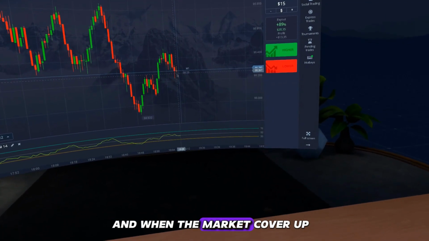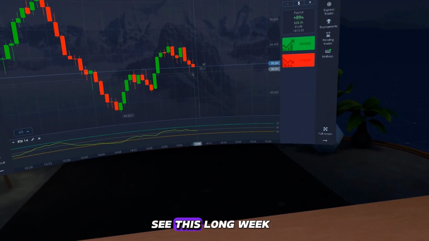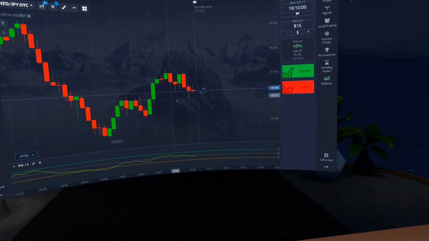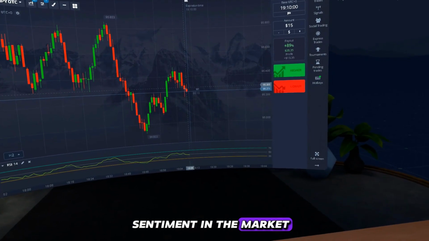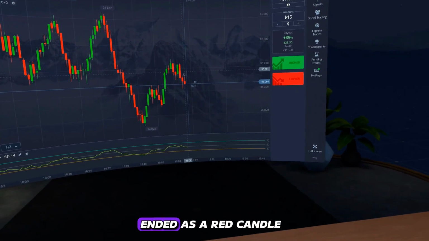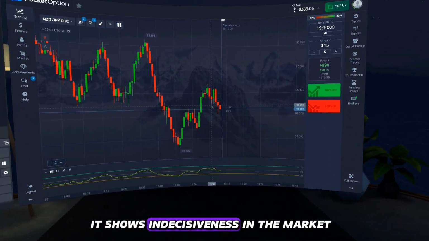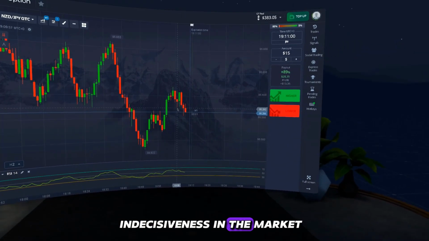And when the market covered up the FVG, you guys can see this long wick. The long wick shows us that there is some bearish sentiment in the market, and since it ended as a red candle, it shows indecisiveness in the market. So you don't want to enter when there is indecisiveness in the market.